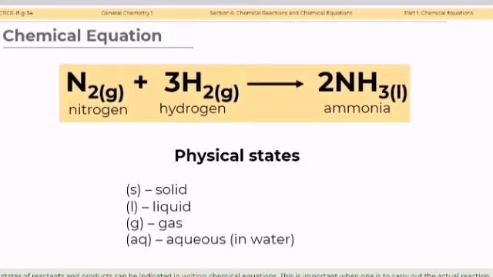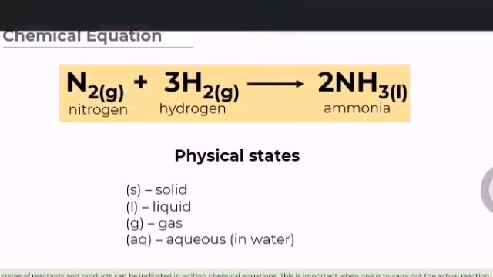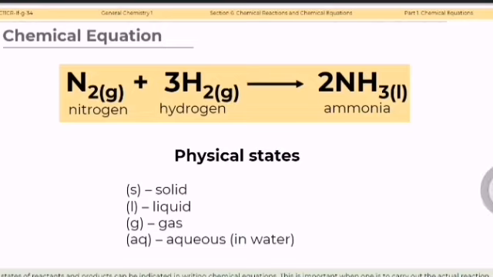The physical states are written after the chemical formula and are indicated by symbols: S for solid, L for liquid, G for gas, and AQ for aqueous substances or those dissolved in water.